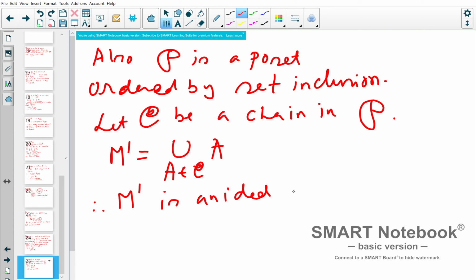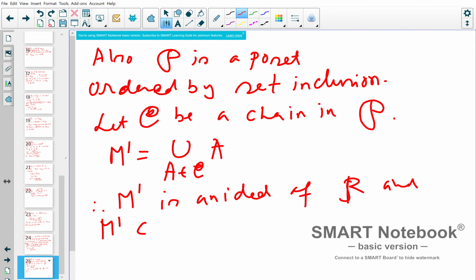So it's an ideal of R, and not only that, M dash is also sitting inside this.